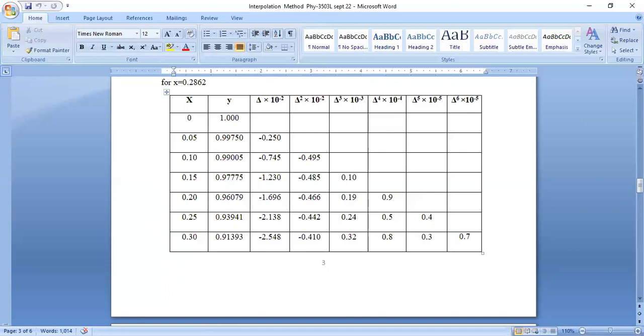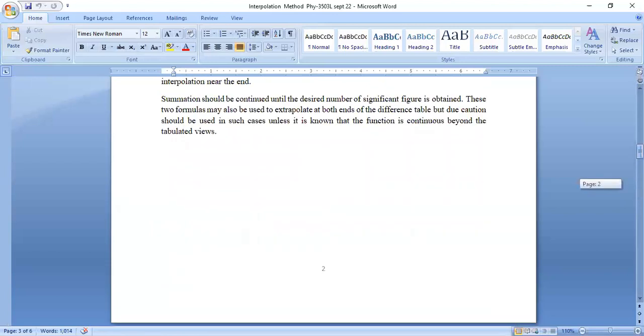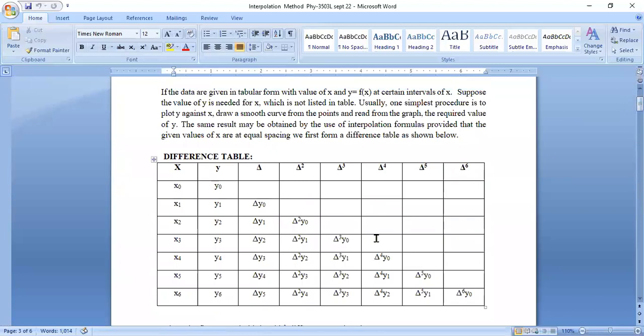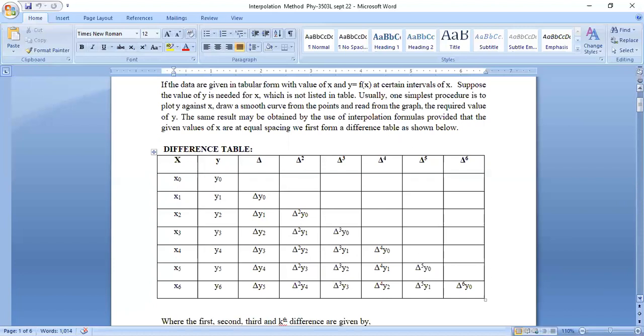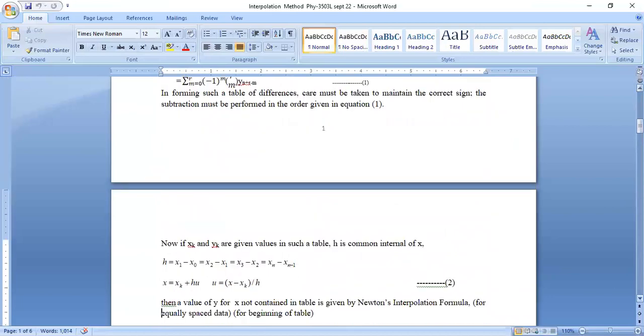So these are all the tables which you have to find. And I have mentioned how to find del 3 y0, del 4 y0, del 5. So this table you have to prepare by taking care about the sign. So you see I have prepared this table.